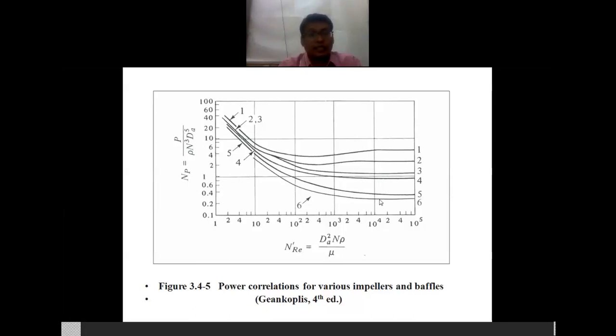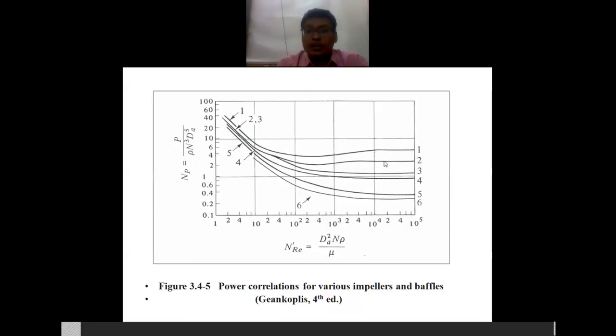That means higher the speed, higher the turbulence, higher the rotation, the variation in the power number is to a larger extent. So this is an important point to be noted. That is, at a higher Reynolds number, the power number, or the power required, is going to vary drastically.